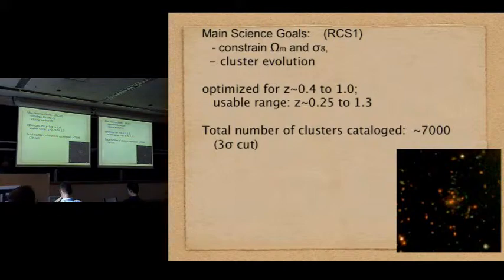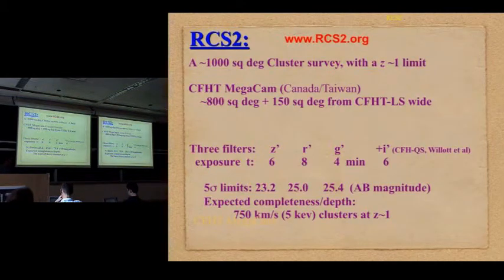When we first started, w was not on the map. We also looked at cluster evolution, and in the end we produced a cluster catalog with about 7,000 systems in it. Although if you do a reasonable mass cut so that you are very complete and have very few false negatives, there are about 1,000 clusters that are useful between redshift 0.3 and 1 for various studies.